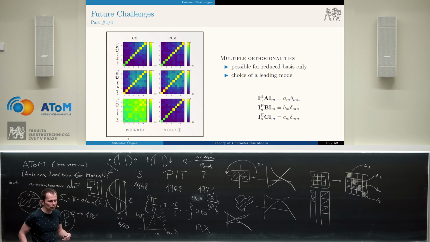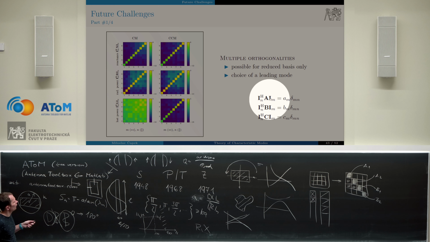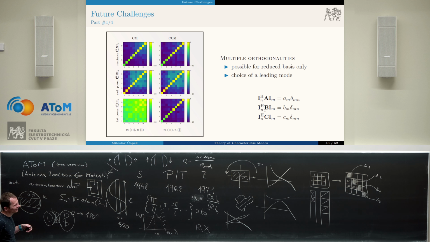I mean to orthogonalize not only 2, but 3 or 4 matrices together. And I mentioned that this is normally not possible because these matrices are not commuting to each other and so on. But in principle, this can be done somehow, and you can really enforce this property that 3 matrices are diagonalized at once, but they are not truly diagonalized in the mathematical sense.